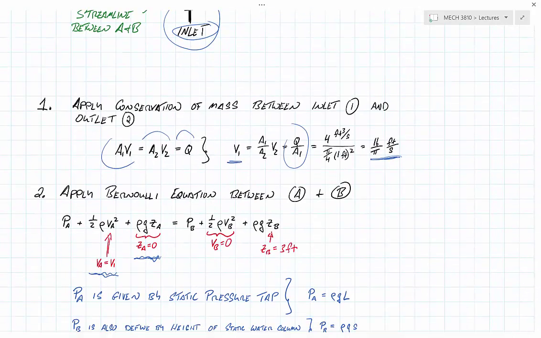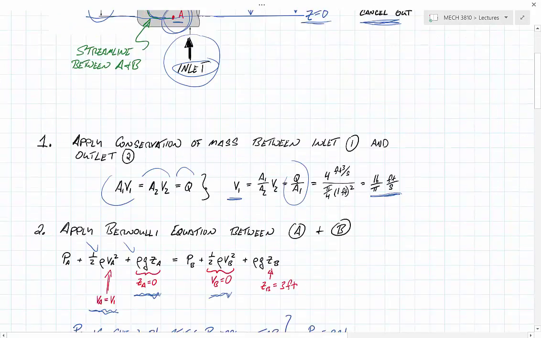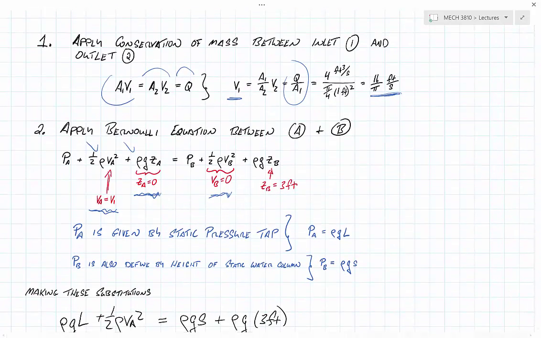So that defines these two terms of the left-hand side of the equation, and PA is unknown. Now, on the right-hand side of the equation, it's a stagnation point, so VB equals 0, and ZB is 3 feet above our datum. Here's the datum, and here's the value of 3 feet. So that gets us rho g times 3 feet.